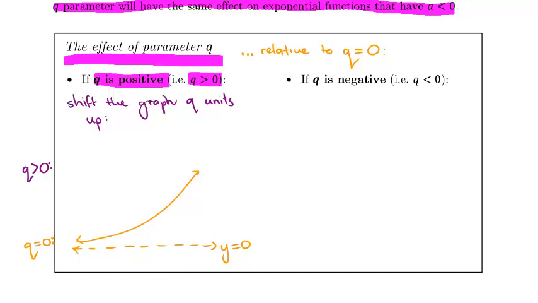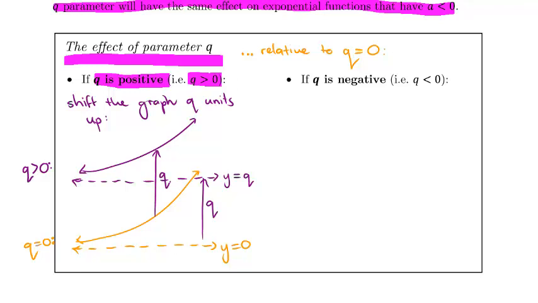So in other words, our asymptote will now be at y equals q, because this y equals naught would have shifted q units up like that, and this graph will be shifted q units up like that, and so we will have the graph up here now. So that is what q does. If q is positive, it shifts the graph q units up in comparison to when q is equal to naught. So in other words, relative to q equals naught.